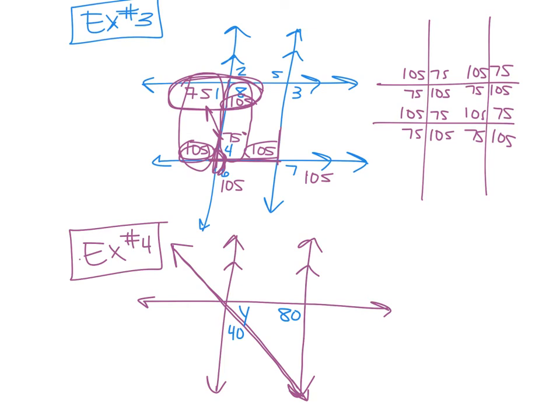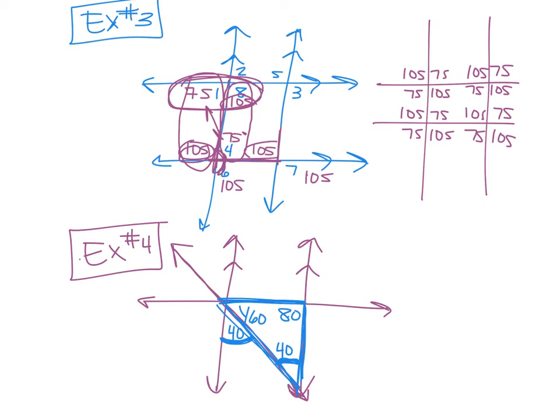Anyone see alternate interior angles that we can use? What's the alternate interior angle with this 40 here? This guy down here, right? How does that help us? It's a triangle. So you could look at it as a triangle right here, where you have 80, 40, and 60 to make a 180-degree triangle, right?